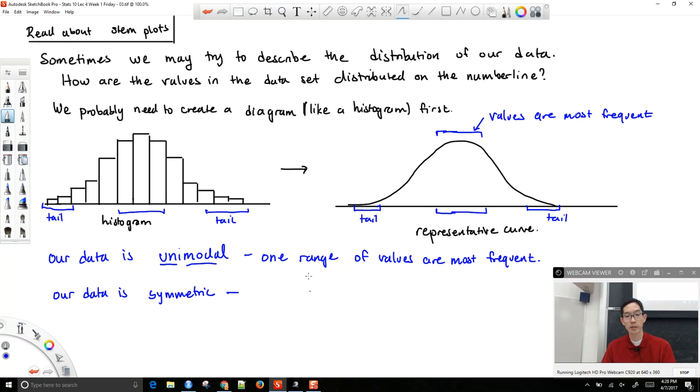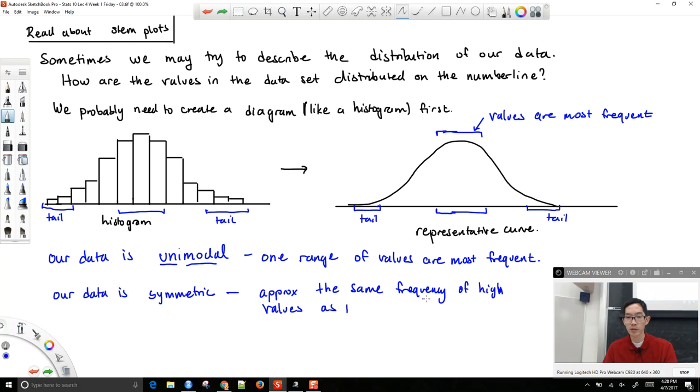Okay, so our data is symmetric, so we have approximately the same frequency of high values as we do low values.